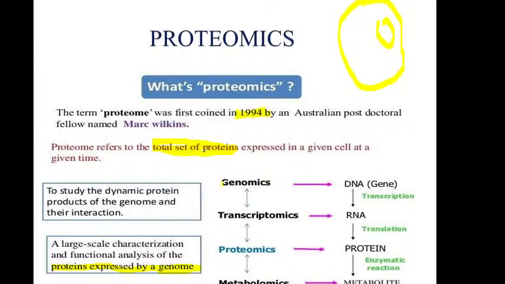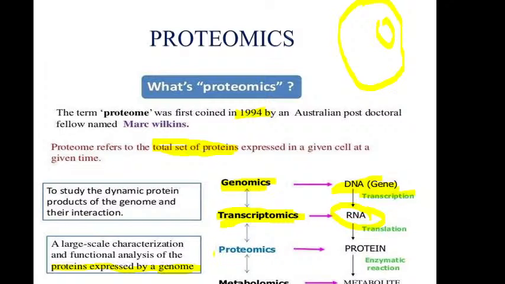When we say genomics, it is the study of the DNA, or you can say the genes, the chromosomes. When we say transcriptomics, it is the study of the RNA, which is derived from the DNA by the process of transcription.